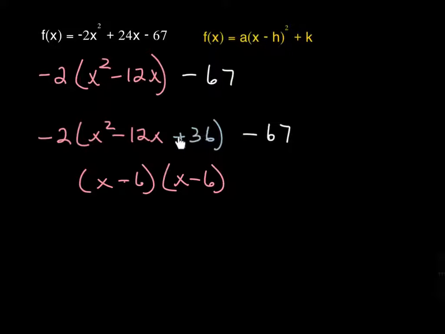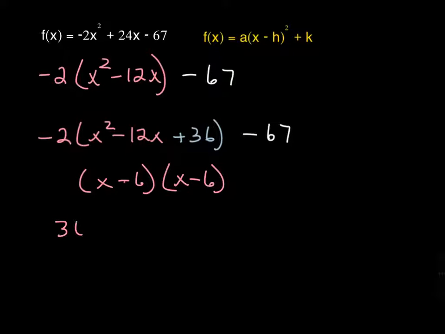Okay, so by adding that 36, we get our perfect square, but we can't just add 36 to our equation without adjusting out here. We also have to remember that it's not just a 36 that we changed, because it's all being multiplied by this negative 2. So what we really changed by adding this 36 is we really contributed a negative 72 to it. Now, how did I get negative 72?